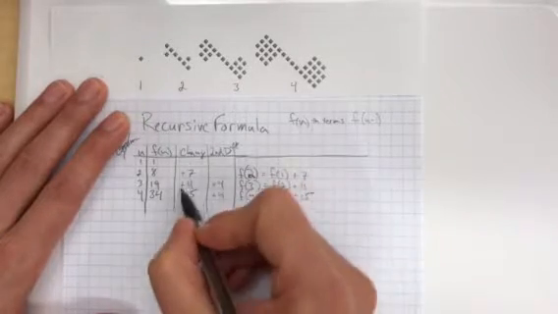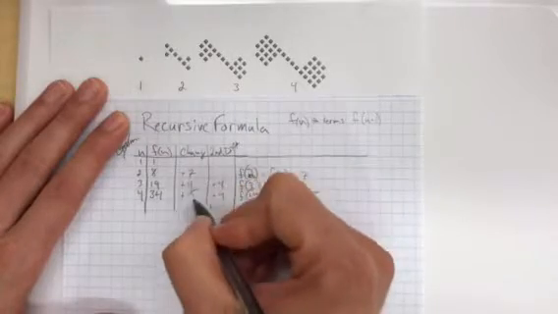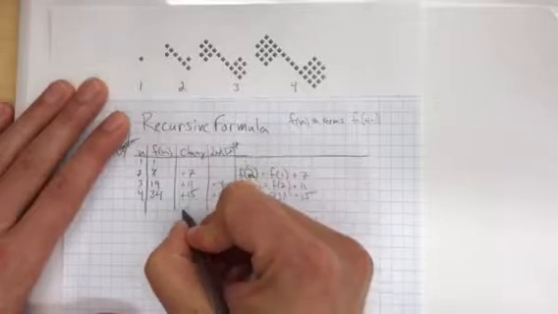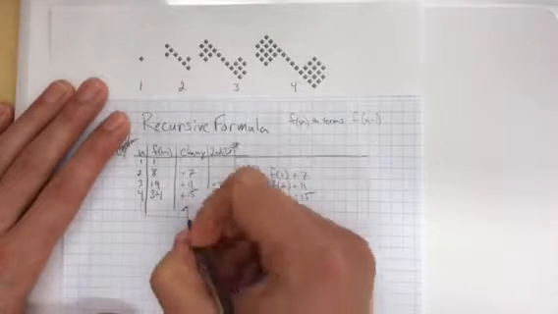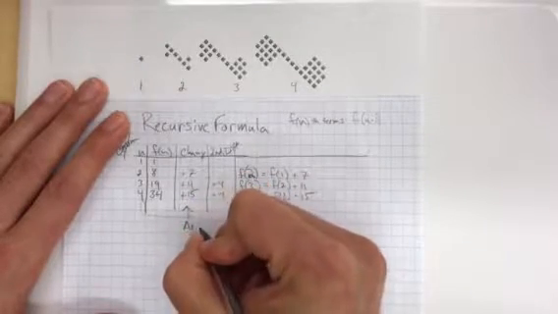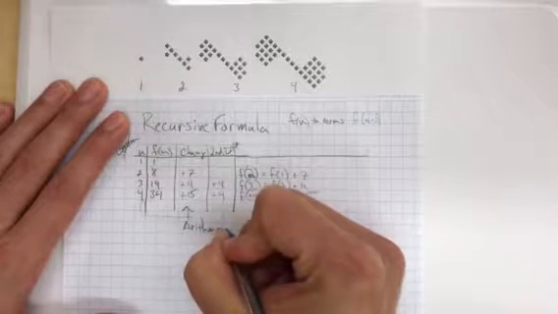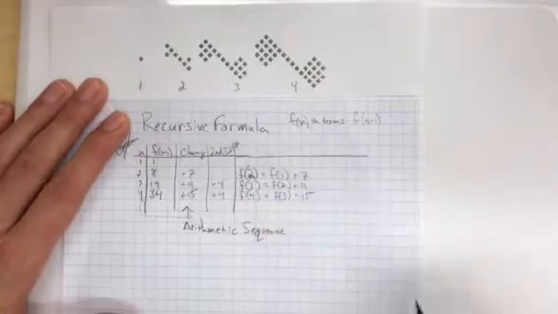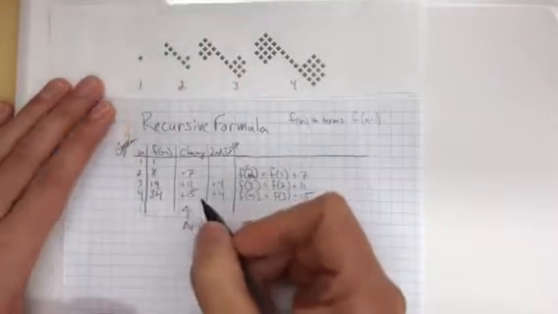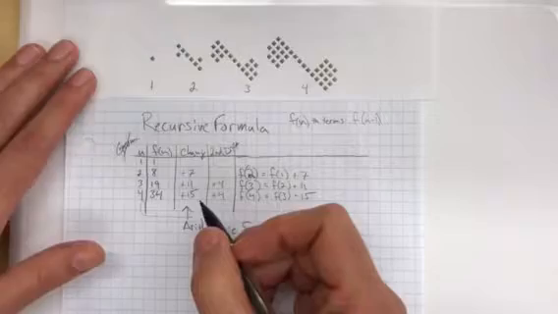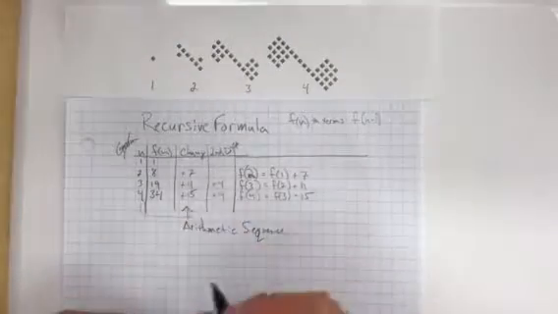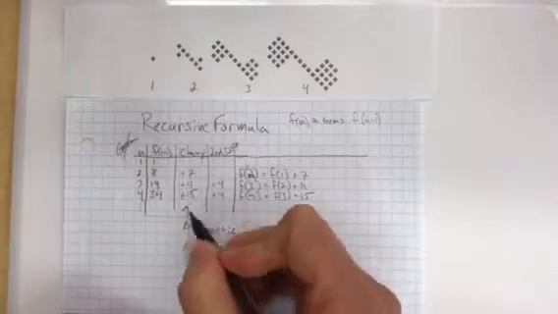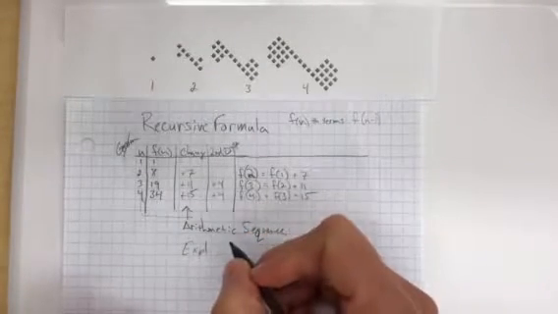So if this sequence has a common difference of positive 4, we know this is an arithmetic sequence. Okay? So that means when we're trying to find these values, we need an explicit equation for this arithmetic sequence, or an explicit formula.